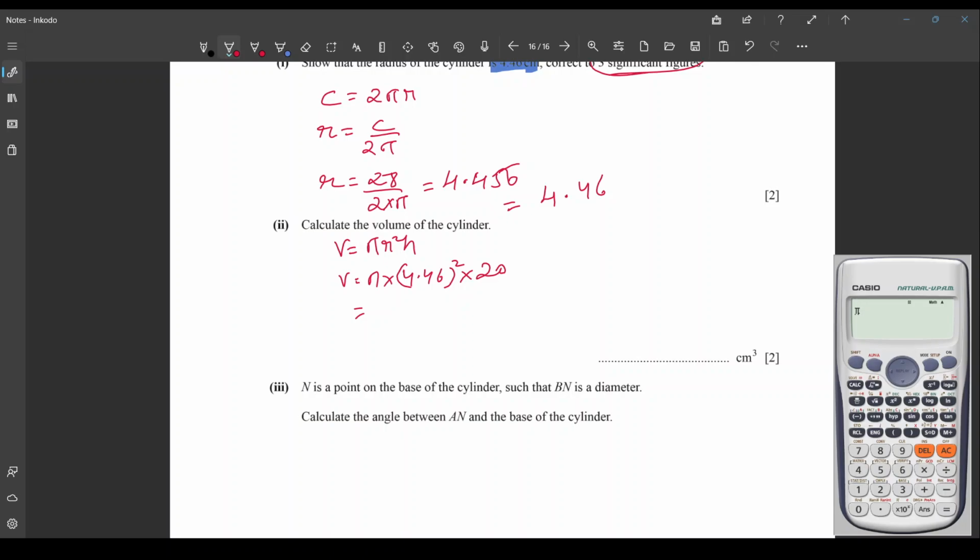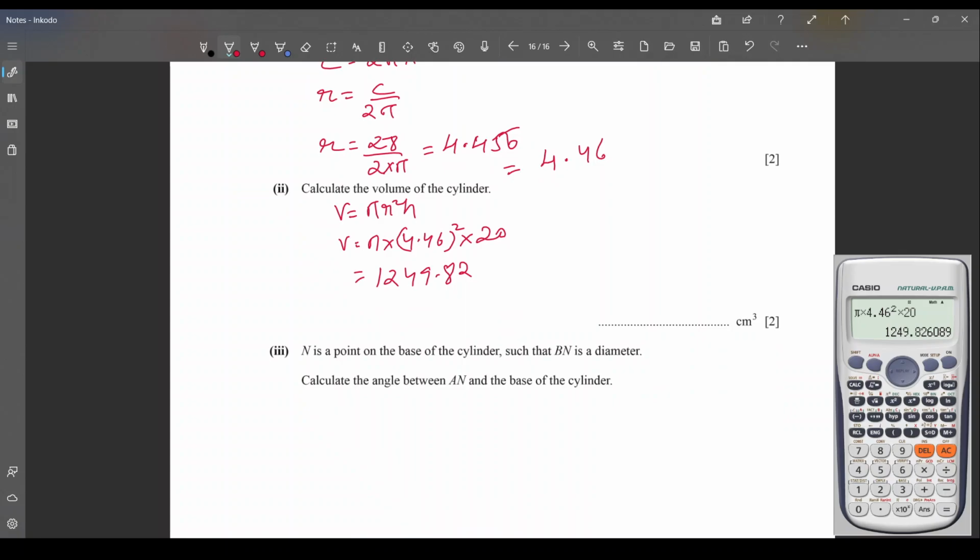Pi into 4.46 square into 20 gives you 1249.82, so we can write it as 1250 also.